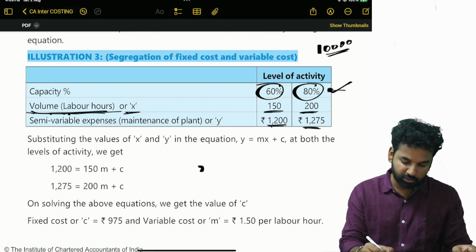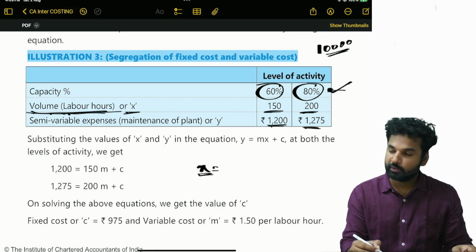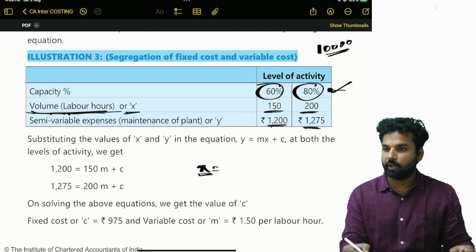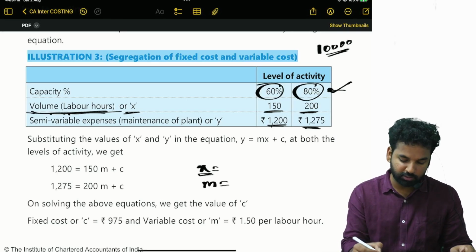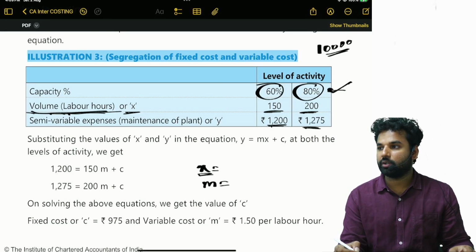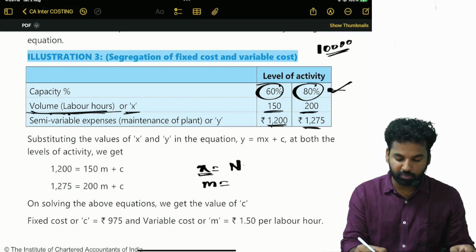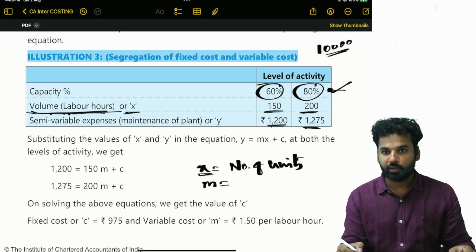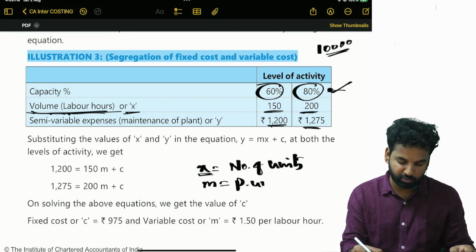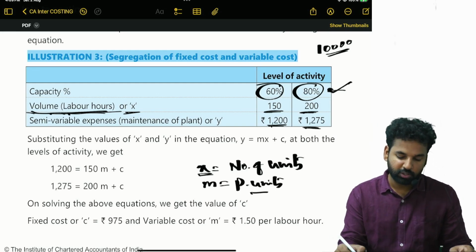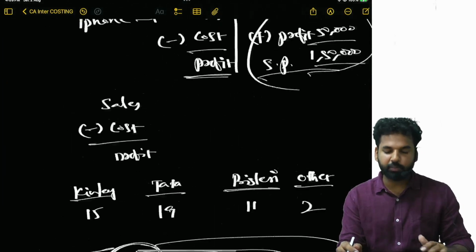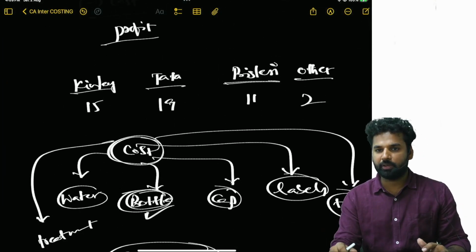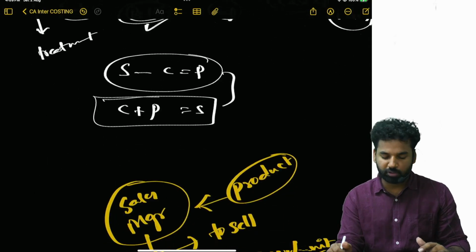That means this is X. And M means what? X is number of units, and M is per unit. Per unit means per labor here, since we are talking about labor. That means M will be per labor hour.